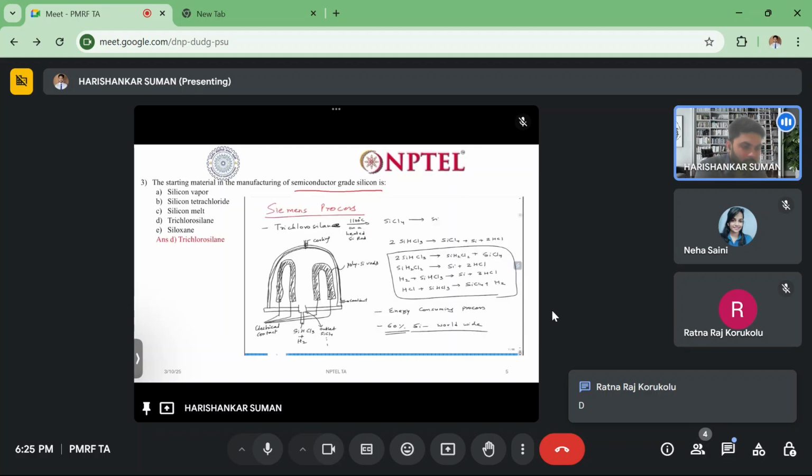So D is your correct answer, and you can see the procedure. Trichlorosilane is used at a temperature of 1100 degrees Celsius. Then SiCl4 goes to silicon. Okay, so this is the process. Here you can see the reactions.